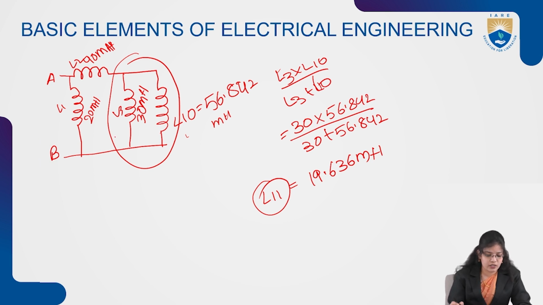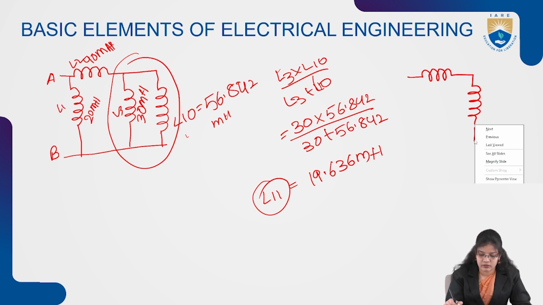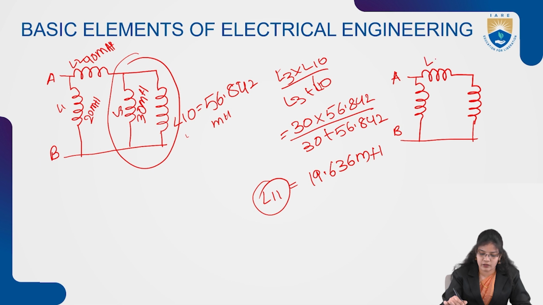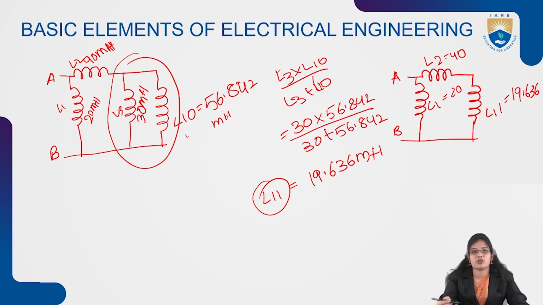So after reducing these two, we'll get a circuit as inductors across terminals AB. L2 will be taken as 40, L1 is 20, and L11 will be 19.636. So again we have to see the combinations of series and parallel. So L2 and L11 are in series.